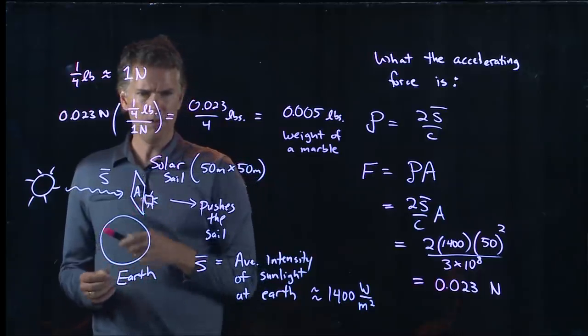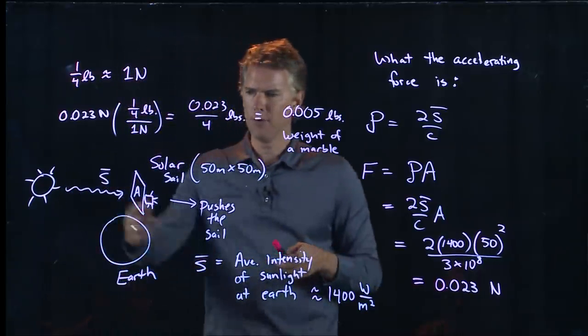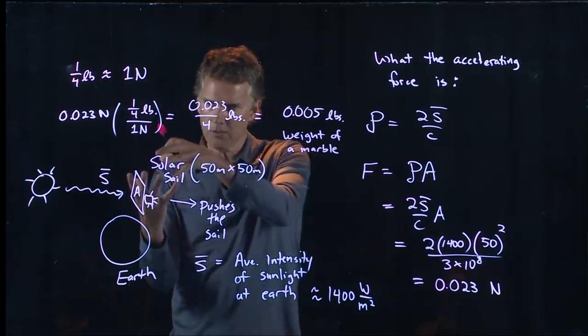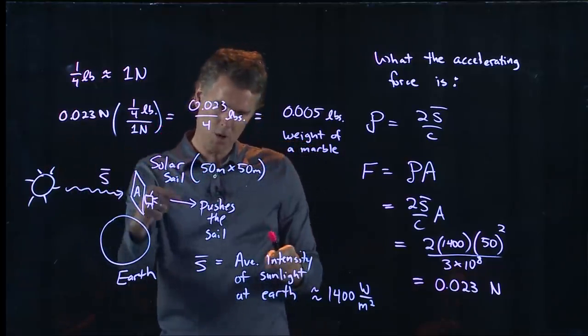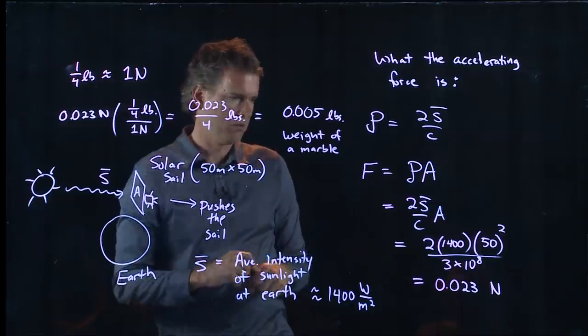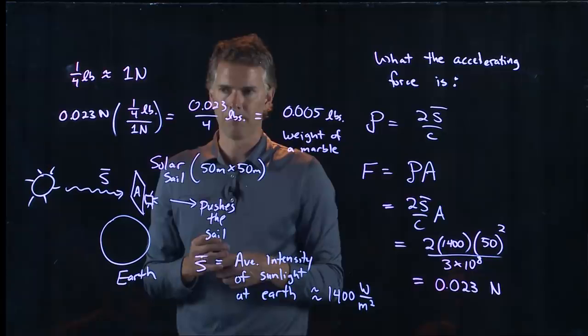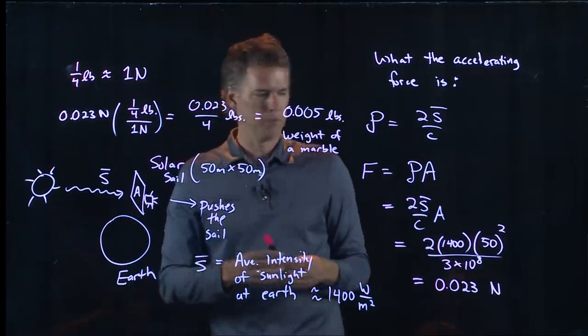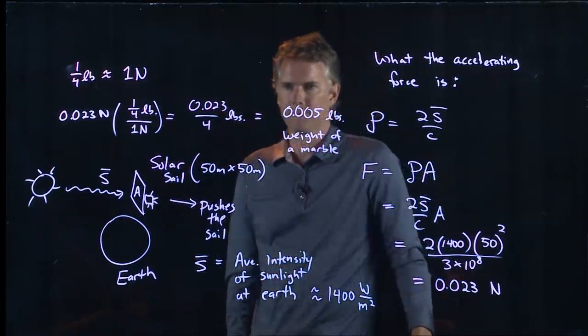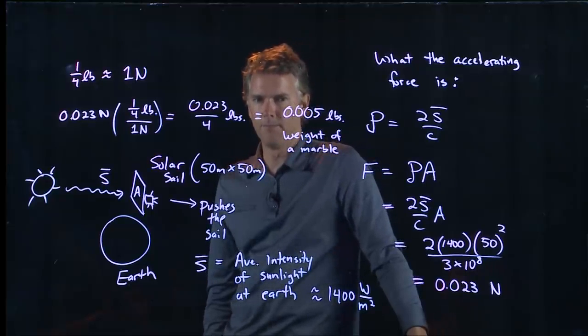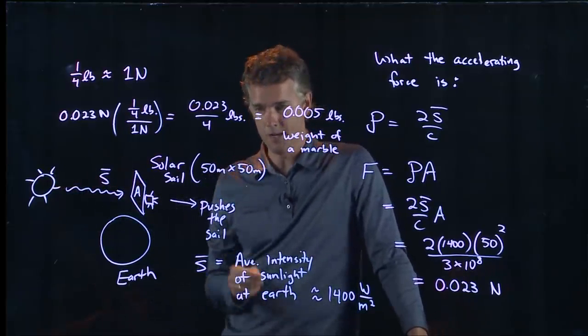So why would you do this? Right? If you're pushing on this giant spacecraft with the weight of a marble, who cares, right? The acceleration of that thing is going to be really, really slow. Why would you even do this experiment? Because sunlight is free.